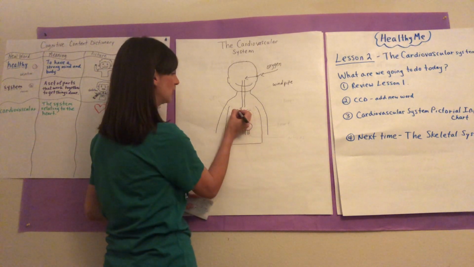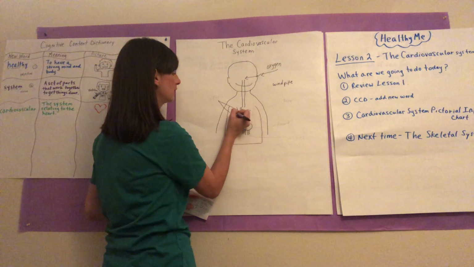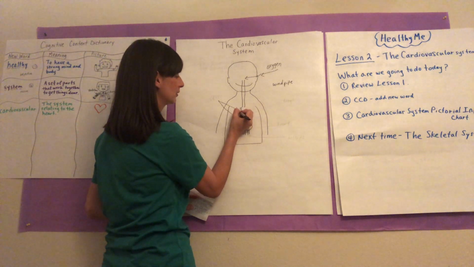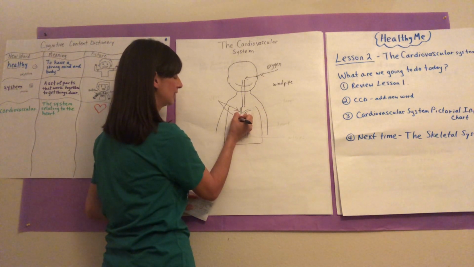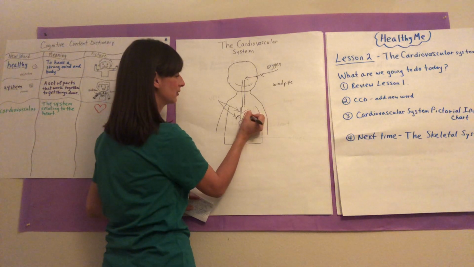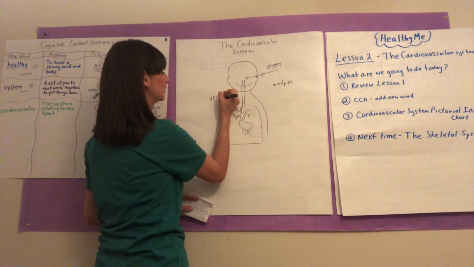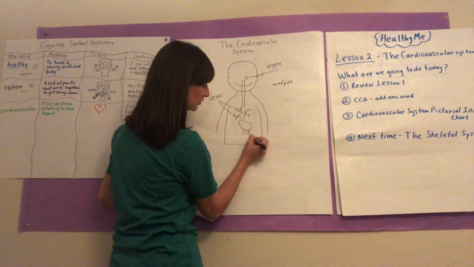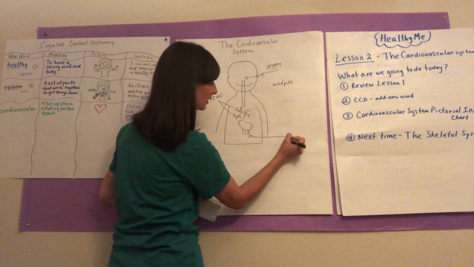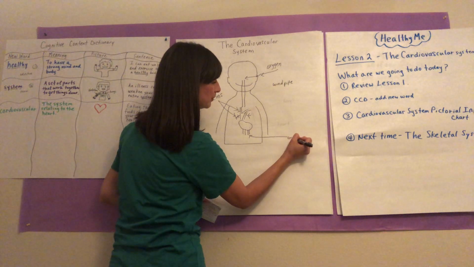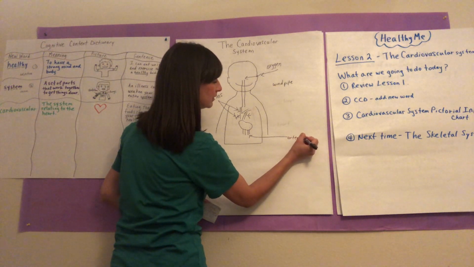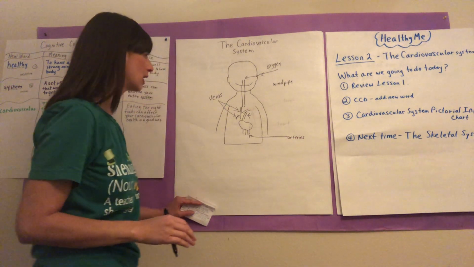And it's pumped to your heart through veins, which are these little lines you see here, but then you can also see them in your body, and also through arteries. That is oxygen coming into our bodies and pumping blood into our heart.